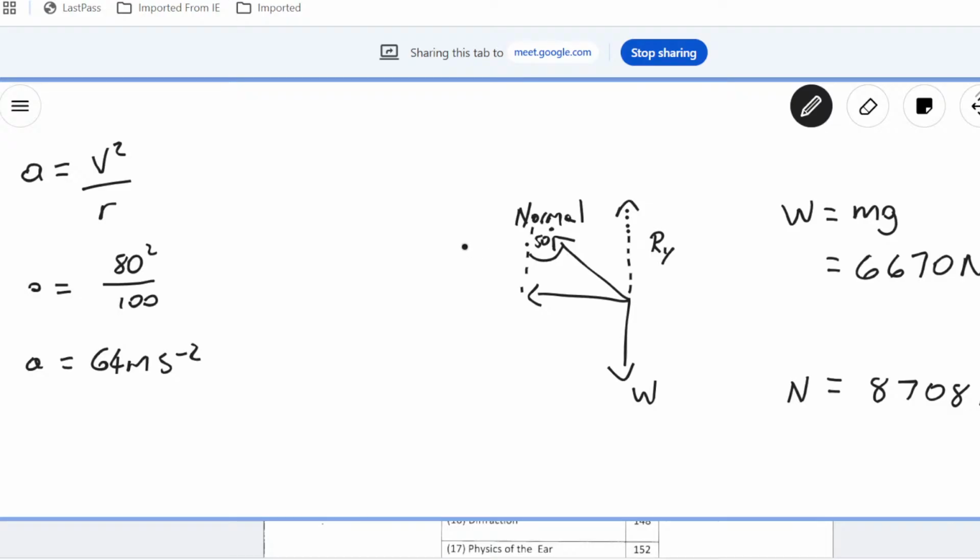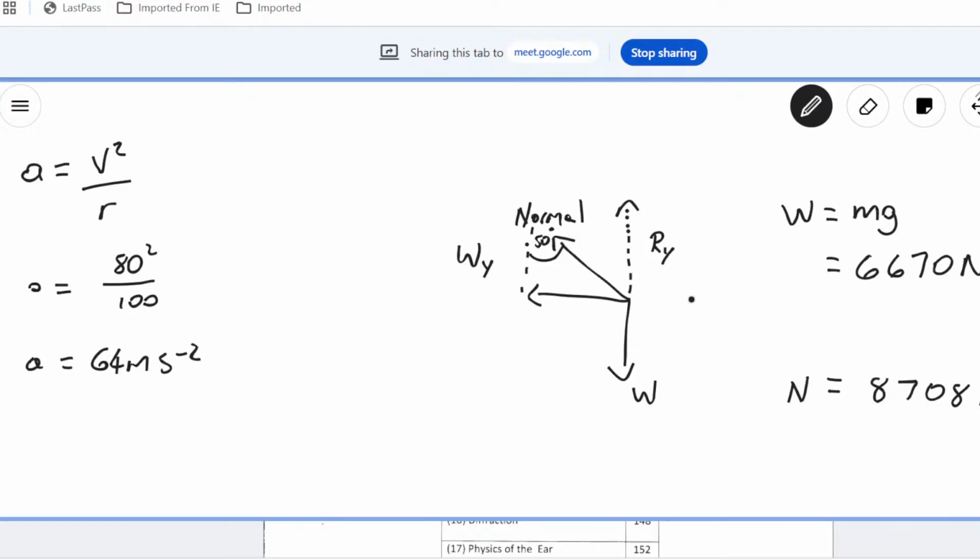The vertical component of the weight would be adjacent to the angle. Wait, sir, repeat that.